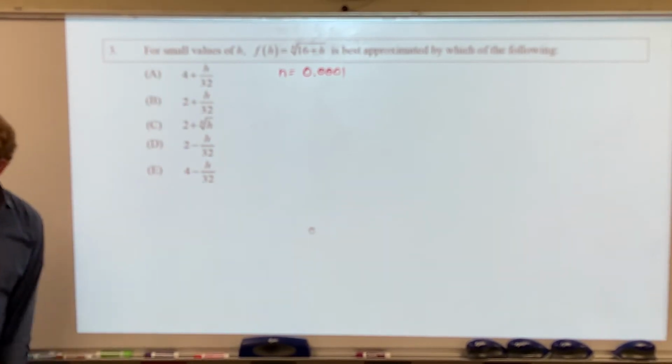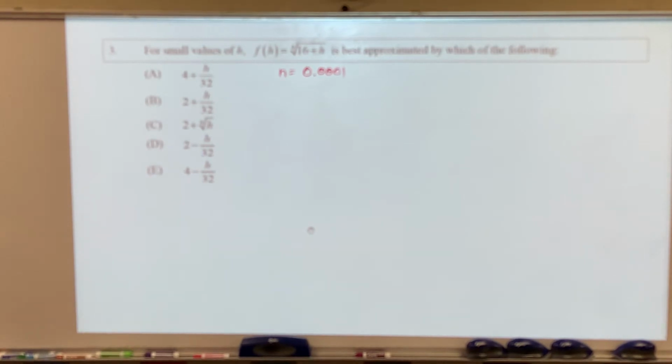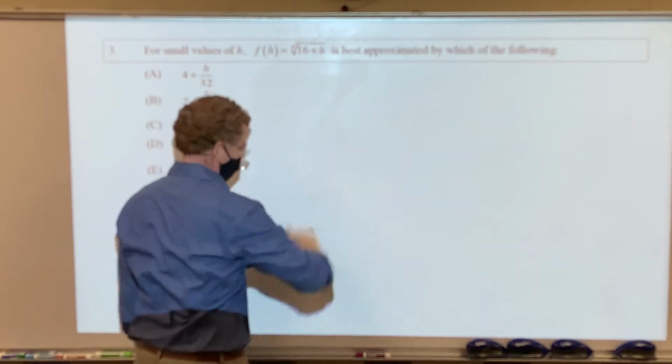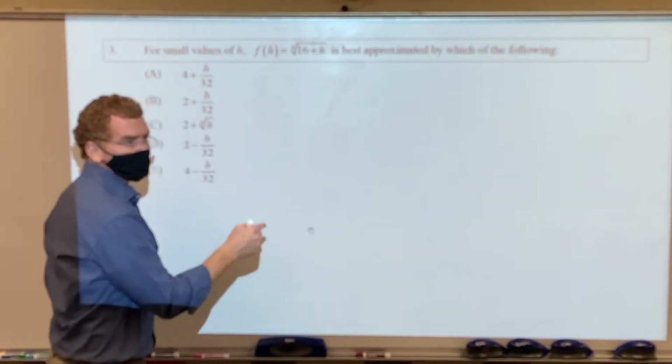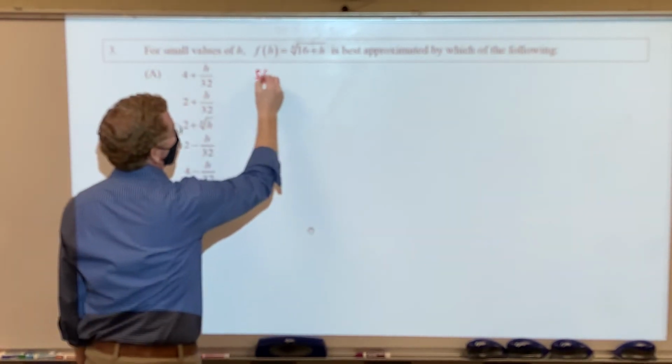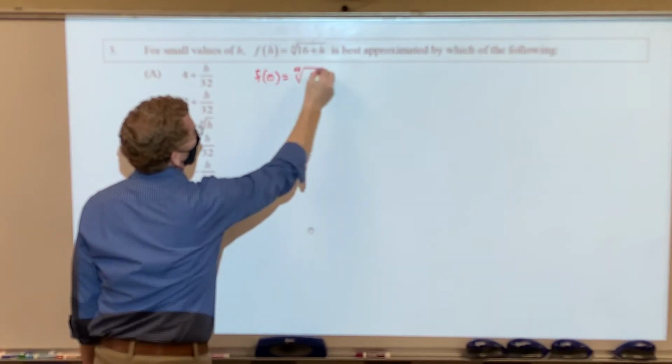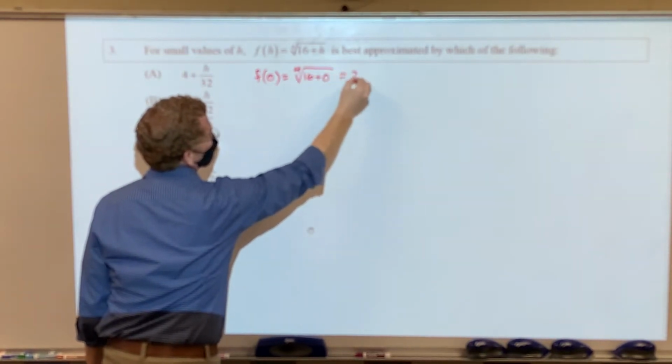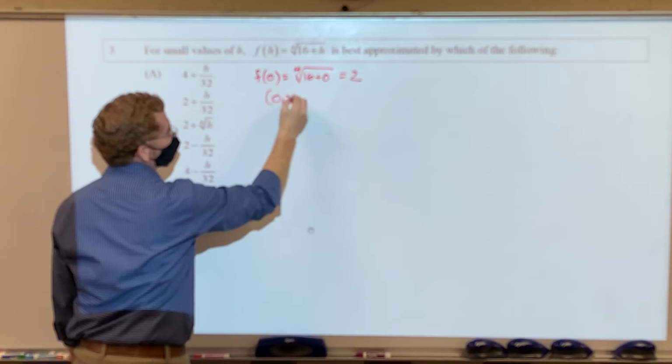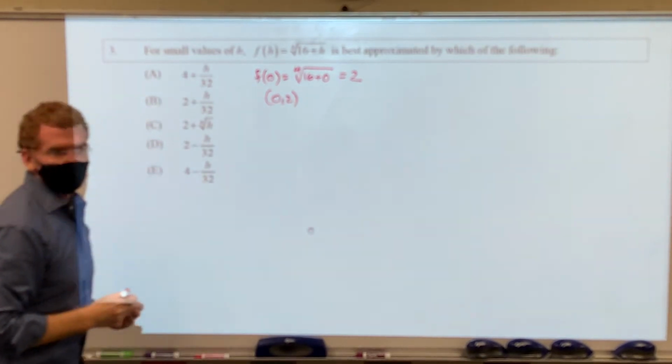So what I'm going to do is start off with that same kind of thinking there and think, all right, if I'm using 0, I can actually get a point right here. So f of 0 is the 4th root of 16, which is 2. I've got my point. How would I find the slope of that?